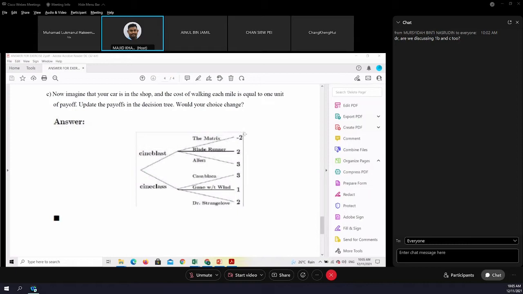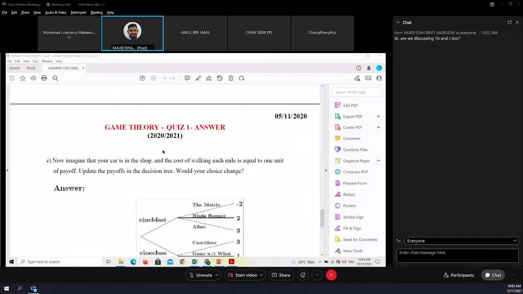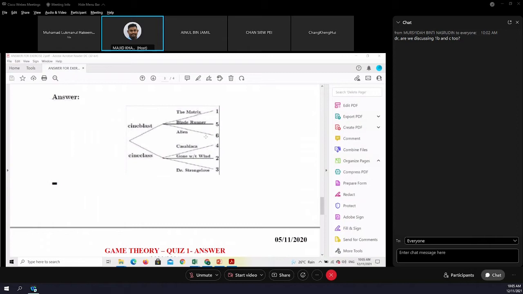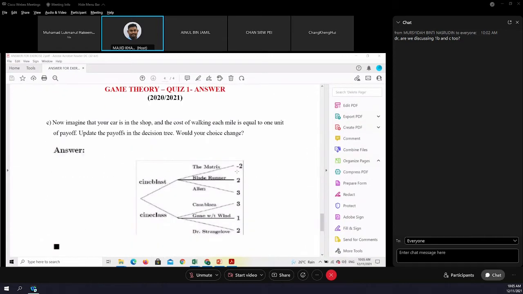That's why you get one minus 3 equals -2. For Blade Runner, you already put the preference as 5, so 5 minus 3. You just need to subtract the mileage. And the same goes for Sign Class.